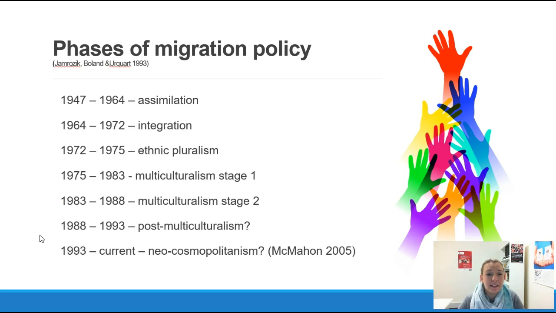Broadly, there have been phases within the migration policy for this country. From 1947 to 64, we saw a policy of assimilation, and the assimilation policy was basically the idea of you need to assimilate, you need to become the same as us to fit into this country.